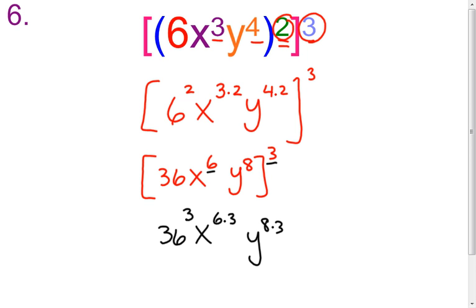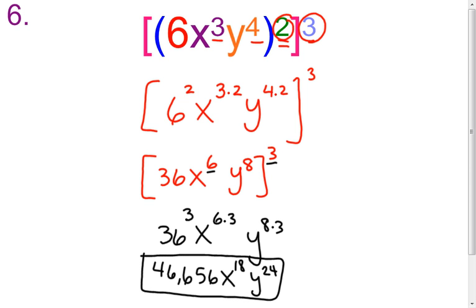Again, I only have one base and I'm raising it to a power. So I need to figure out what 36 to the third power is, which is 36 times 36 times 36. That's 46,656. x to the 6 times 3 is 18. y to the 8 times 3, which is 24. And that should be your grand final answer here.